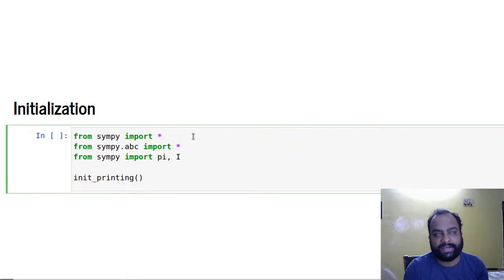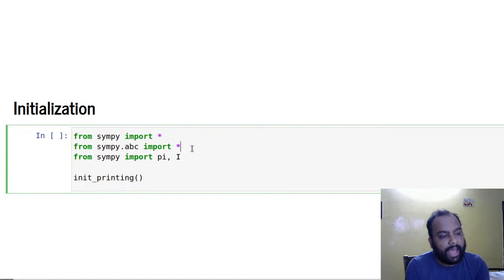If I say cos, or e to the power x, exponential, all these functions will now come from SymPy, not from NumPy. I have a sine function from NumPy and I also have a sine function from SymPy. They behave very differently. The functions that come from SymPy behave like symbols, not just numerical functions.